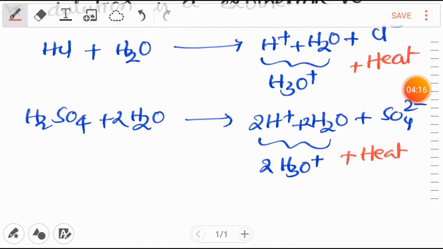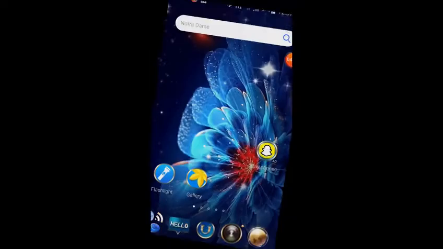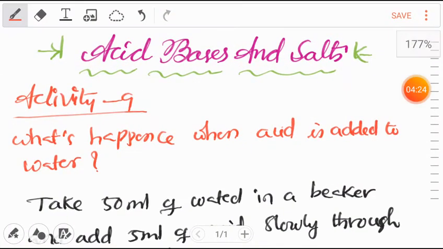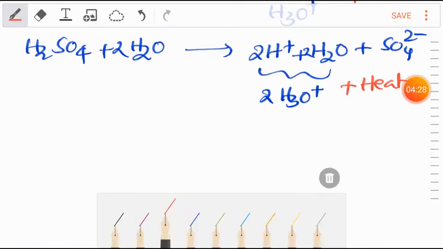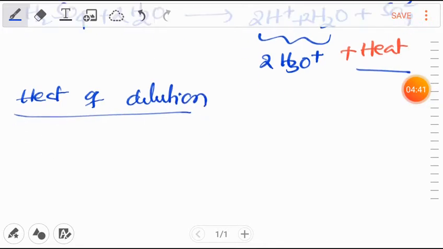So heat of dilution we can call it. Sorry. So the heat released in the reaction is called heat of dilution. So this heat is called heat of dilution.